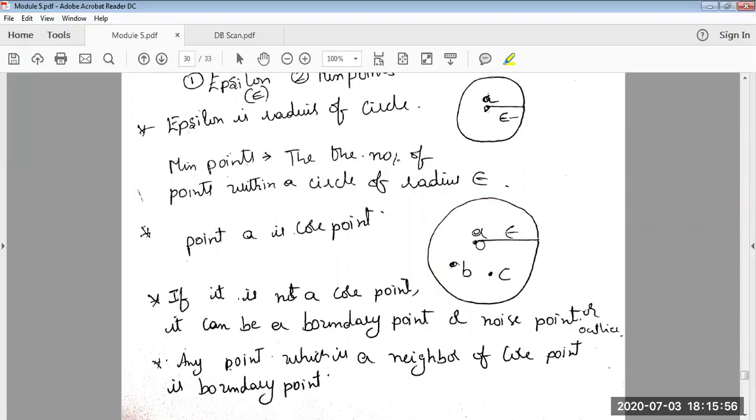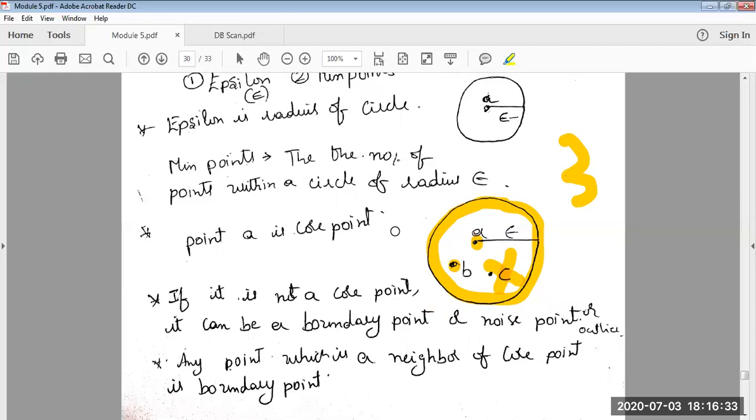For example, consider that within this circle we only had 2 points, A and B. Just for the time being, we'll assume C was not there. I had declared the minimum number of points as 3, but only 2 points are there, meaning that point A, from which I had drawn a circle with epsilon radius, has only 2 points, A and B, within the circle. So A does not qualify to be a core point.